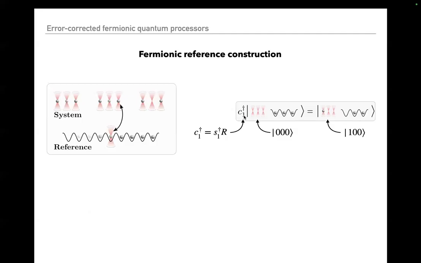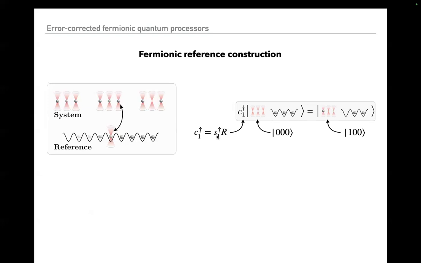If I now want to create a fermionic atom in the first tweezer mode, what I can do is, in a well-controlled way, pick up the first fermion that I get in this reference state and move it over to the tweezer. If I do this, I get that relation between these 2 states. And I have an operational definition of what C-dagger is supposed to do.